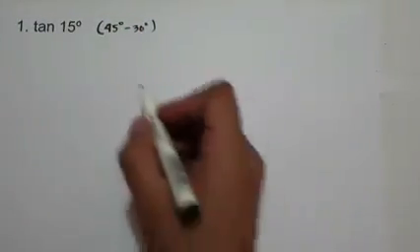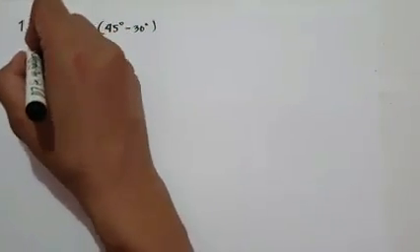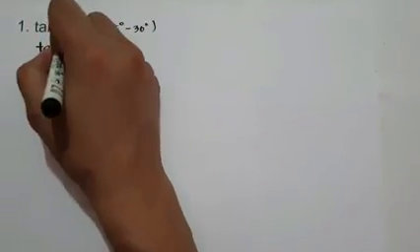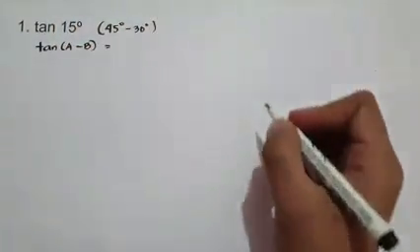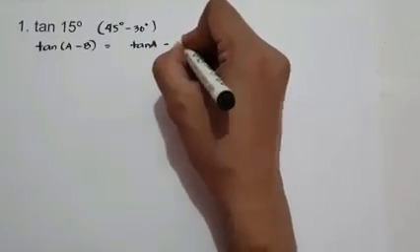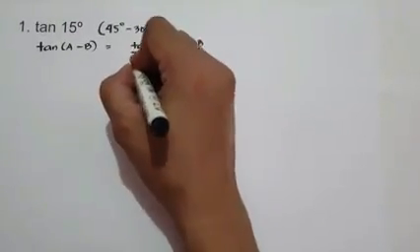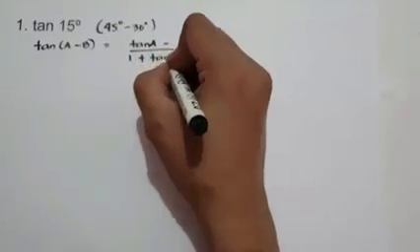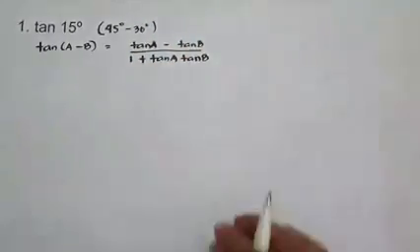If you subtract 45 and 30, we get 15. Therefore, we are going to use tangent A minus B. Tangent A minus B is tangent A minus tangent B all over 1 plus tangent A times tangent B.